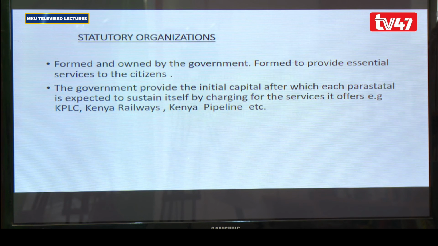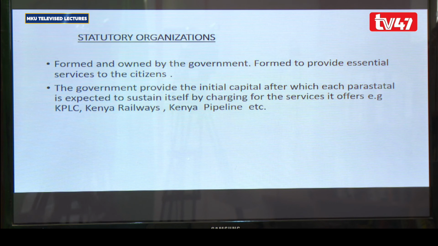What about the statutory organizations, which we call the parastatals? These are formed by the government, or rather, the government provides the initial capital. And it is expected that after that initial capital, they are supposed to offer services and products to the citizens, and then they are supposed to meet their cost and be able to run the businesses on their own.